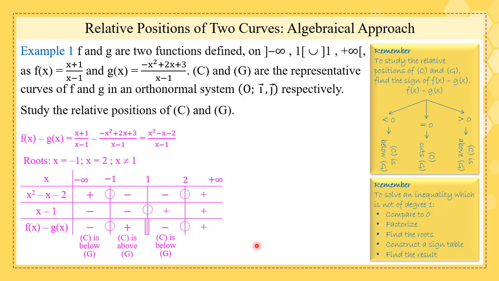Here C is above G, and here C is above G, and we can say that C cuts G at x equals negative 1 and x equals 2, and this happens because at x equals negative 1 and at x equals 2, f of x minus g of x is 0.